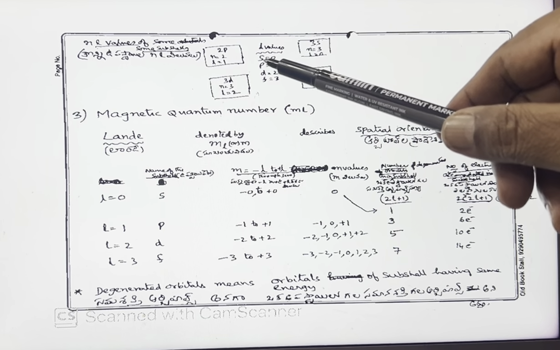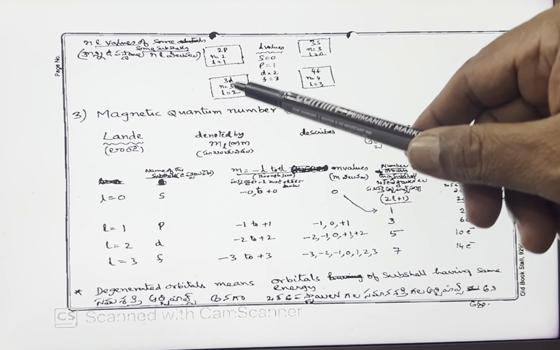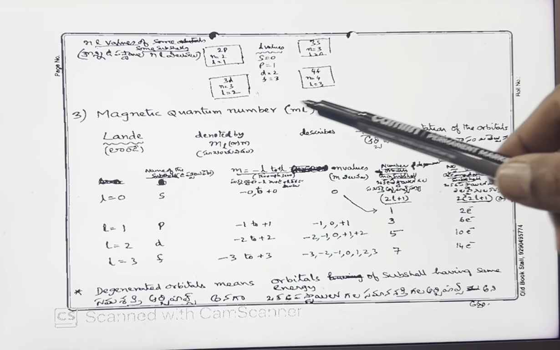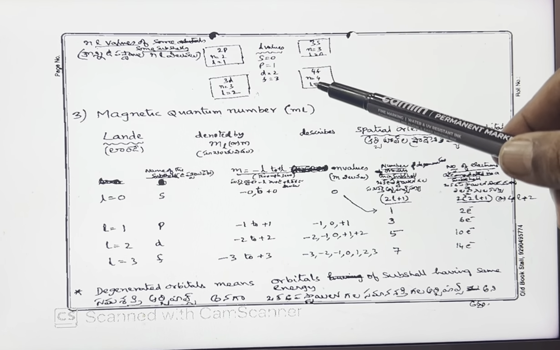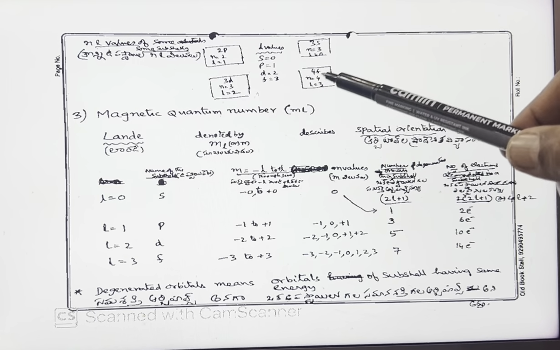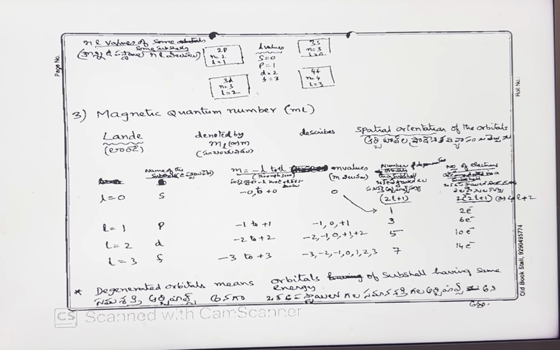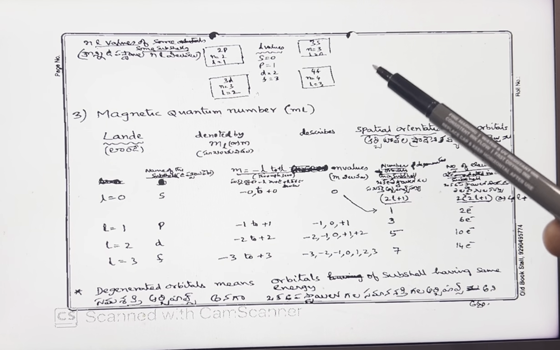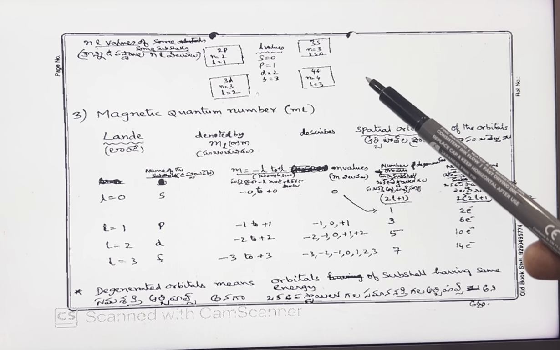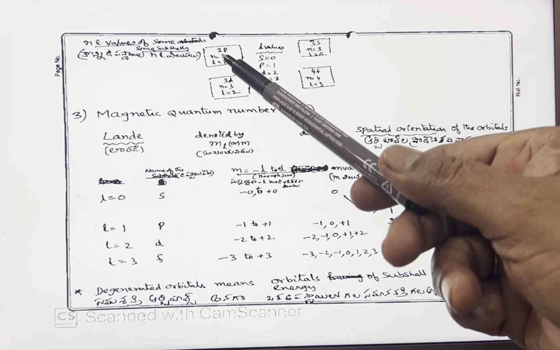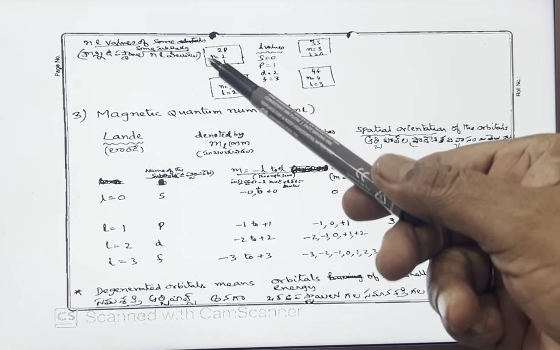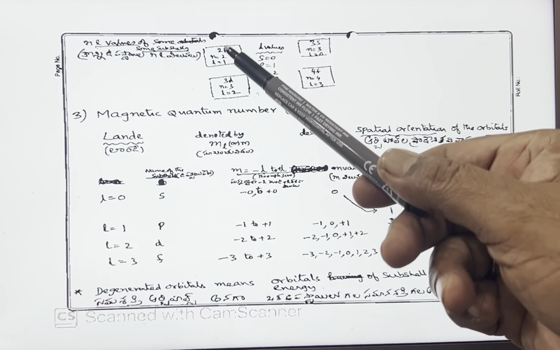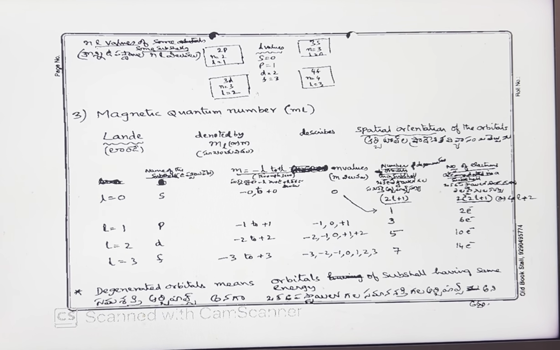For 3d, n is equal to 3 and L is equal to 2. For example, for 4f, the n value is 4 and for the f orbital L is equal to 3. This way you can predict the n and L values for a given orbit and subshell. The first number indicates the orbit number, and the second letter indicates the subshell, the L value.